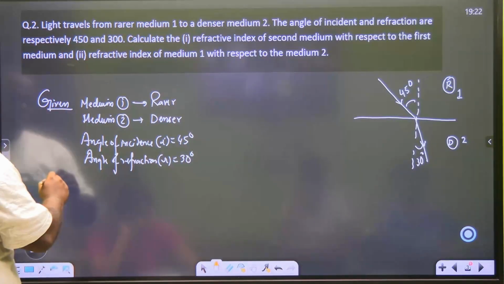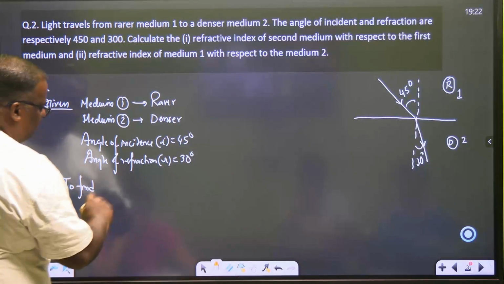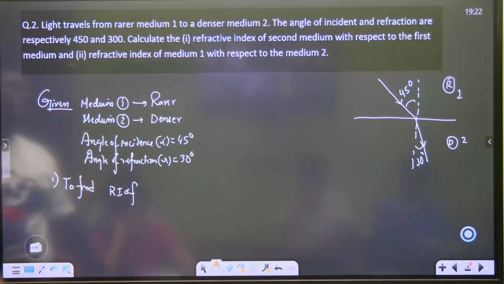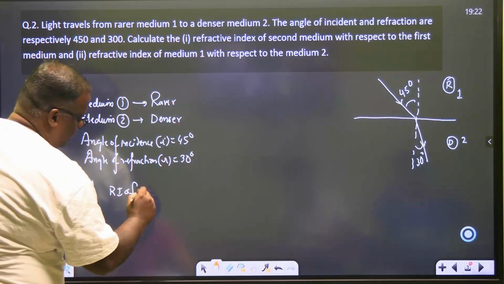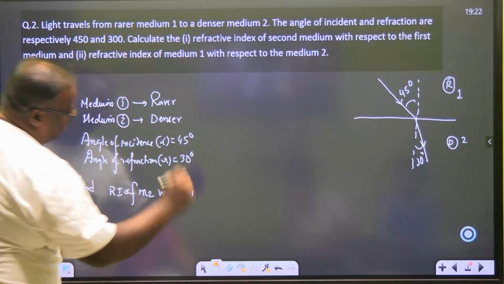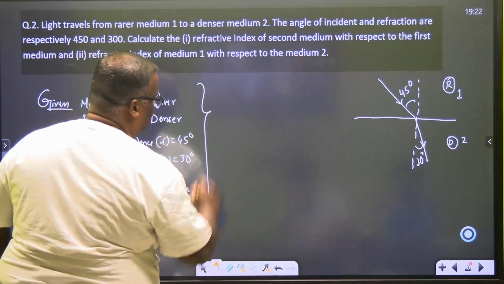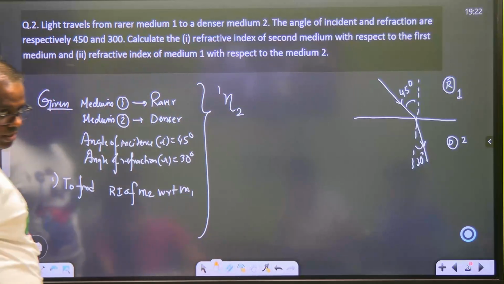The first thing that I have to find, read it first, refractive index of what? Second medium, medium 2 with respect to medium 1. Clear?